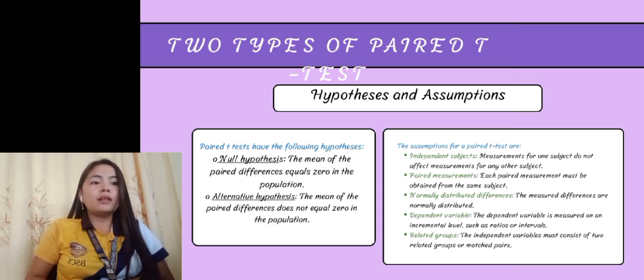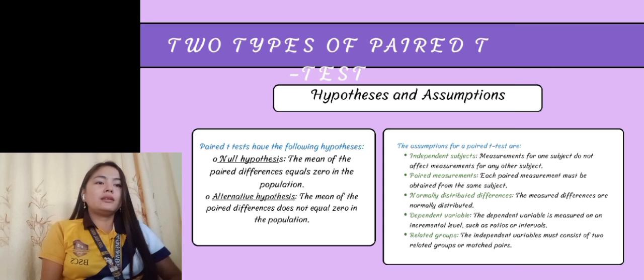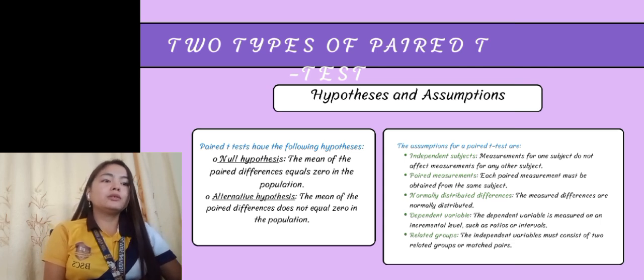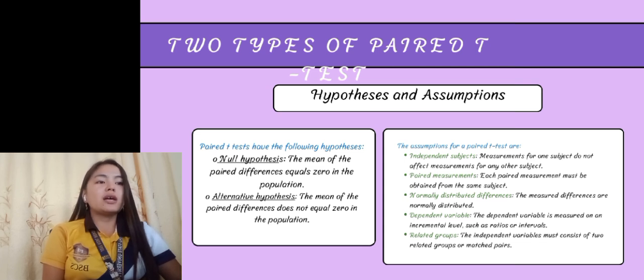Next is normally distributed differences, which means the measured differences are normally distributed. And dependent variable, which means the dependent variable is measured at a continuous level, such as ratios or intervals.